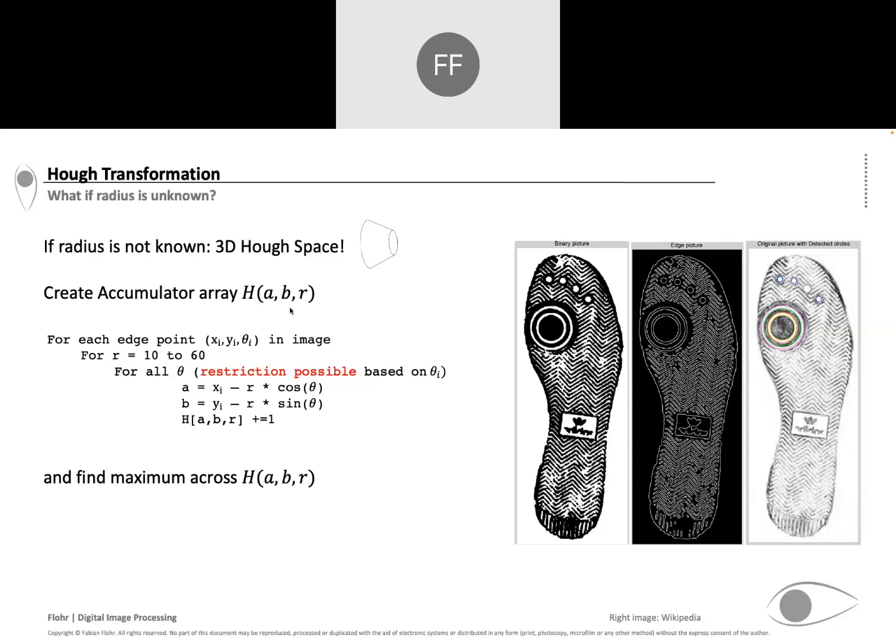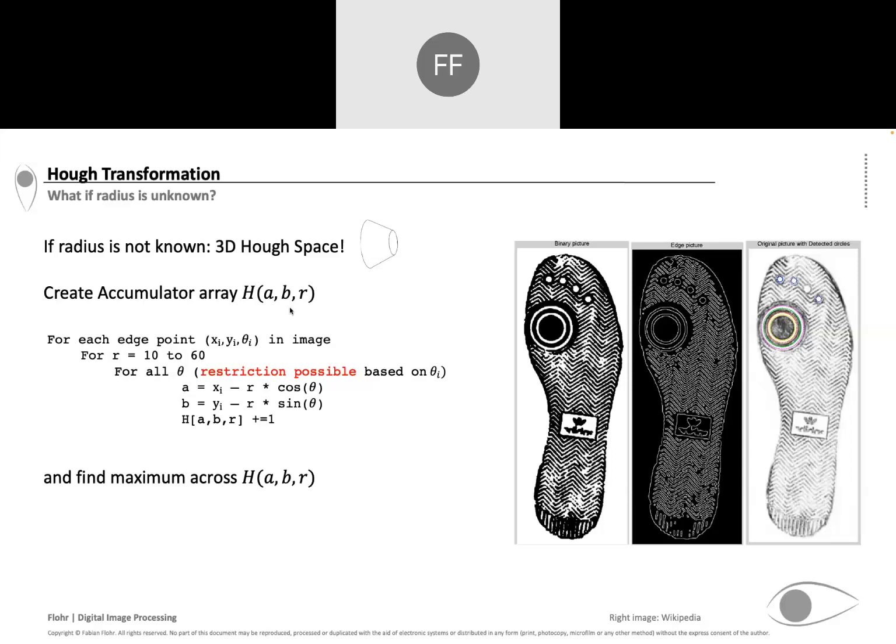So here you see basically we loop not only, so we have for each edge point, which is now x, y, and theta, right? We have now different r's, different radii.